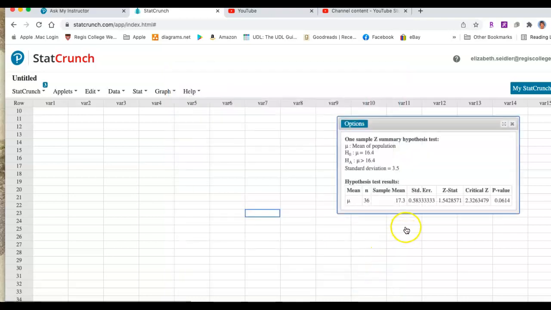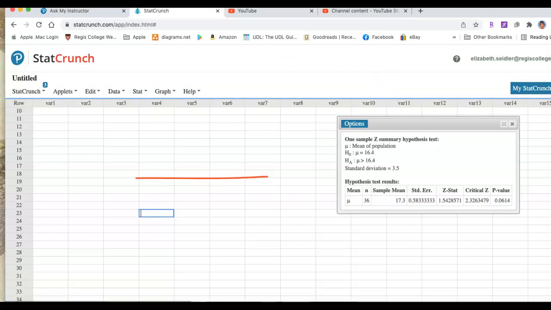So we'll compute that. Let's look at this. We have our standard normal distribution. It's a right-tailed test. We have our critical value of z, which is 2.32.